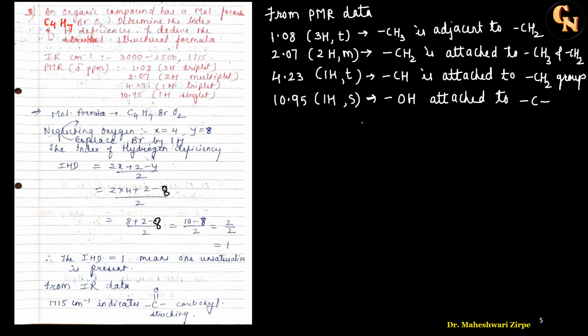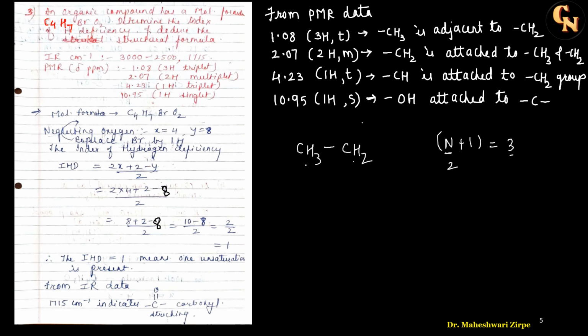So now you can guess 3 hydrogens may be because of a CH3 group showing a triplet. A triplet means it should be next to a CH2 group. 3 protons showing a triplet means the neighboring carbon must have 2 hydrogens. For a triplet, the formula is n plus 1, so if n plus 1 is 3, that means n should be 2.